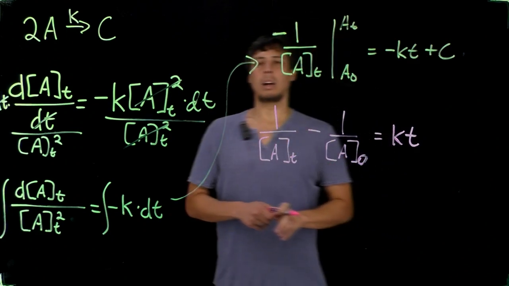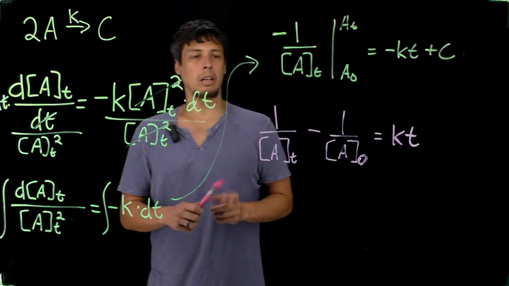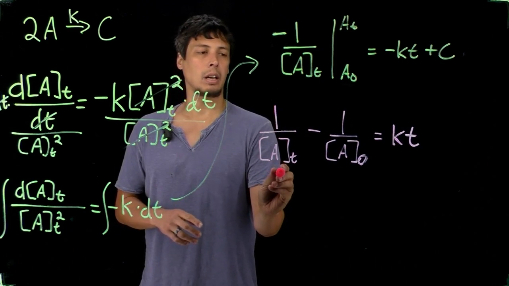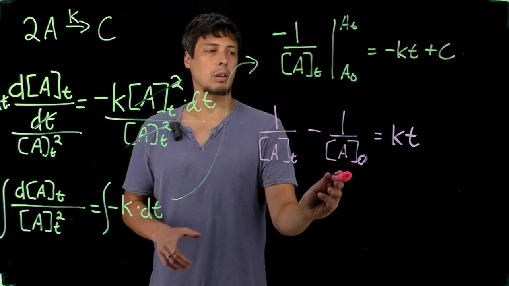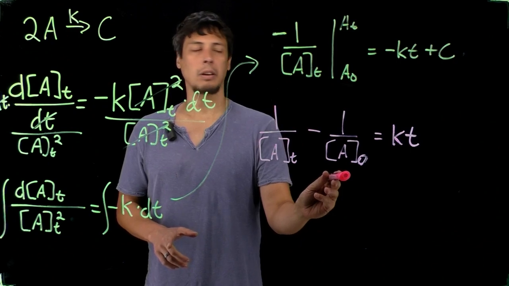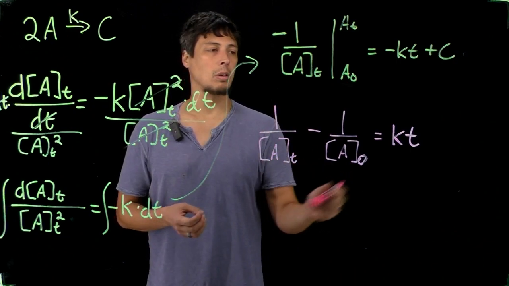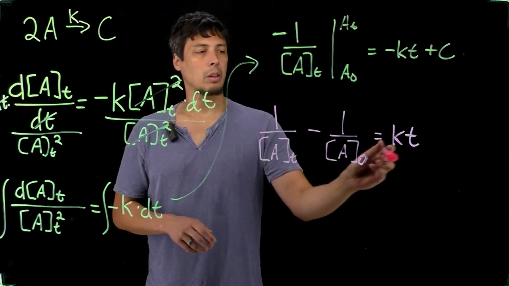And then from here, you can solve for any concentration of A at any given time, as long as you know the initial concentration of A at the beginning of a reaction or at time equals 0, and then the time point that you're at and the rate constant.